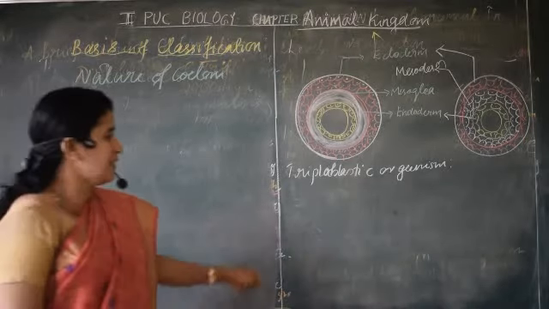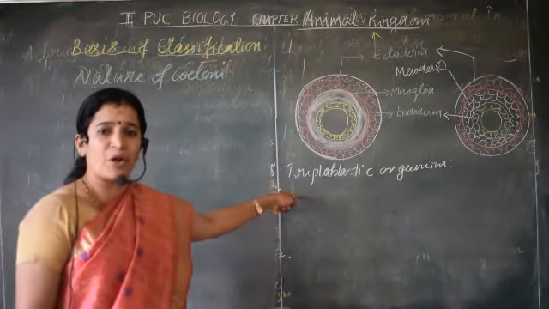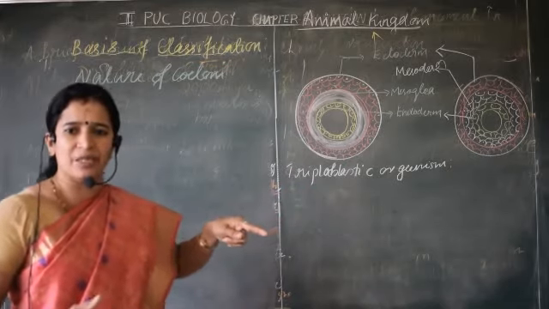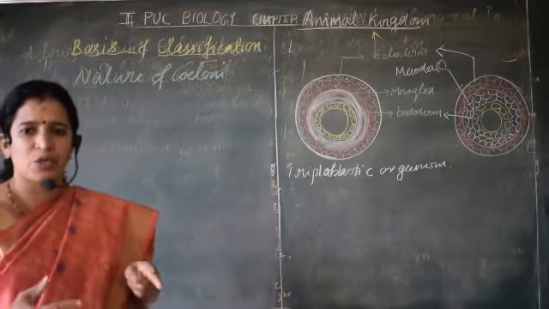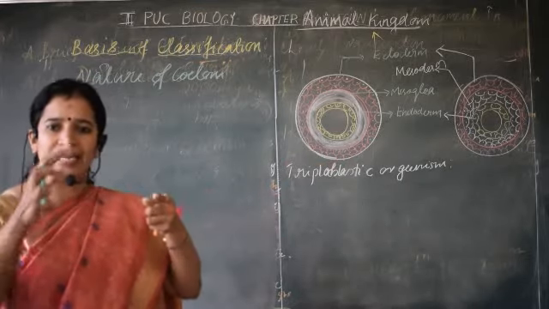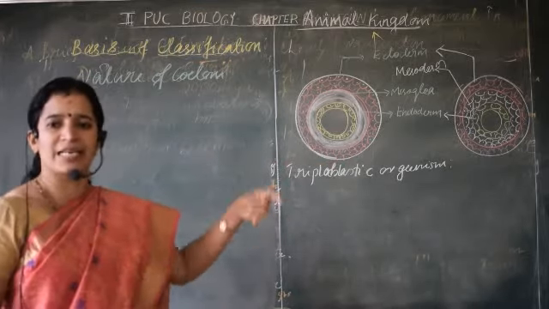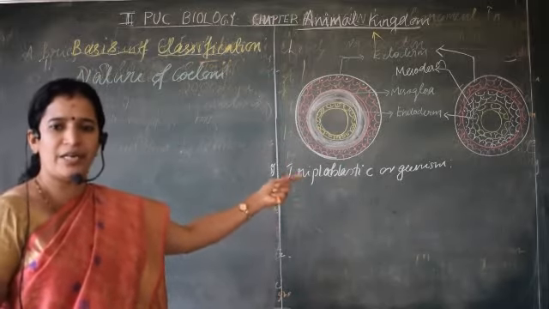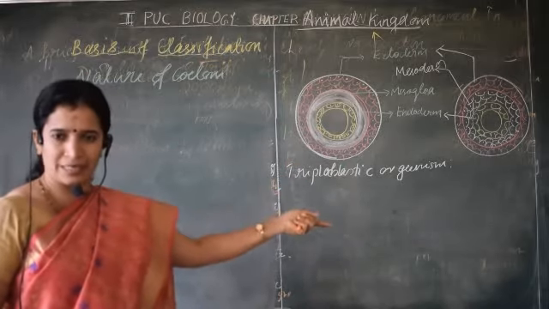This is found in the germinal layers during the embryonic development. Any organism starts its life as an embryo, right? So when this embryo develops into an individual, what changes we can see, based on that the diploblastic and triploblastic categorization is made.